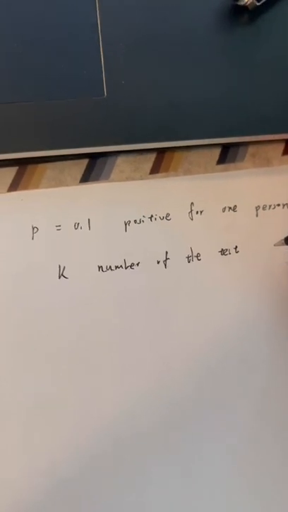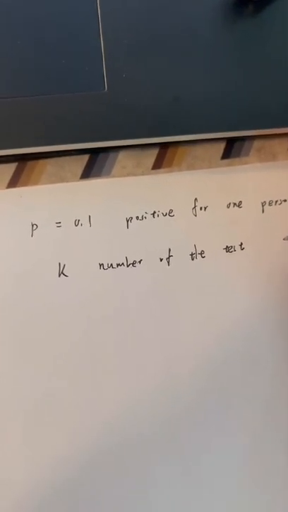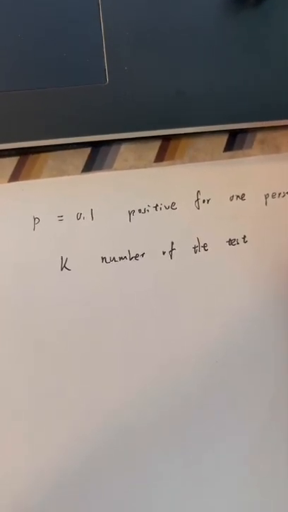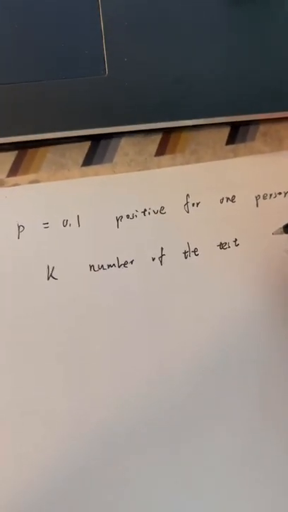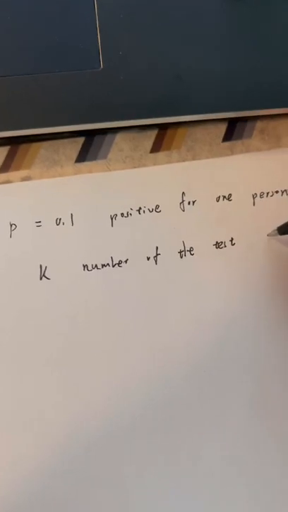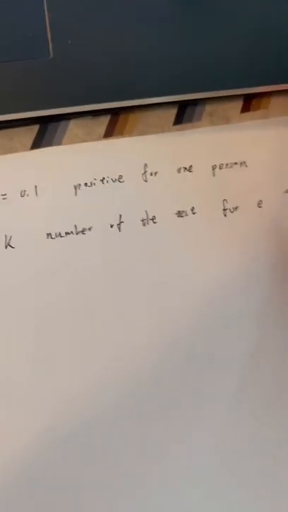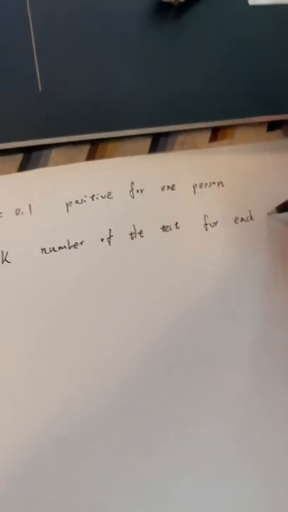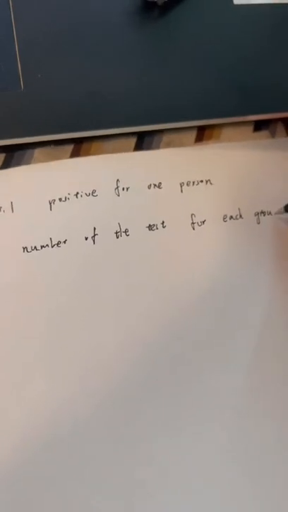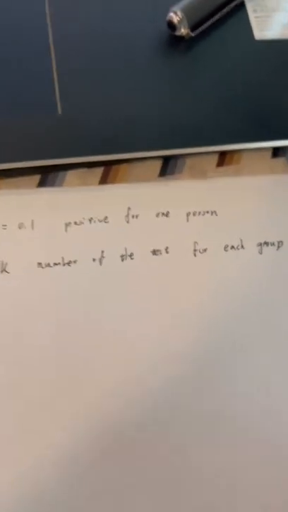But here we won't set K to be per person, because in method 2 we divide people into 10 groups. So let's set K equal to the number of tests for each group. So each group is actually 10 people.